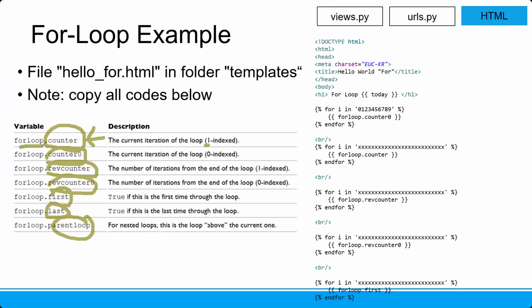This forloop counter, they distinguish. If you want to start from 1, then you can just use the counter. If you want to start from 0, you use counter0. So there's a revcounter. It means reverse. And this revcounter0 also reverses, and it will go to 0 index, but this one will go to the index number 1.